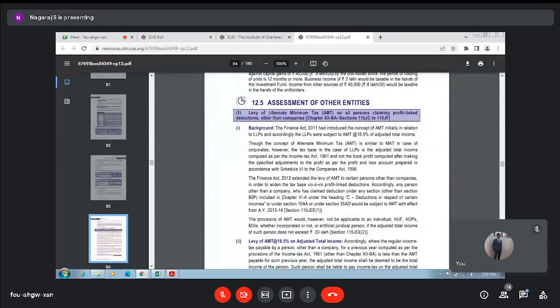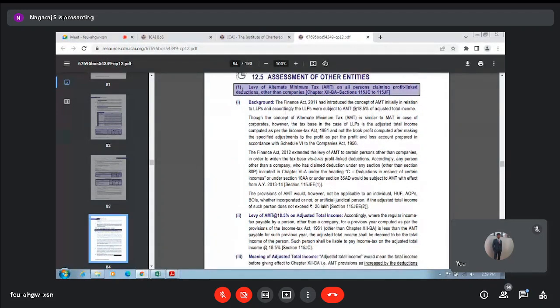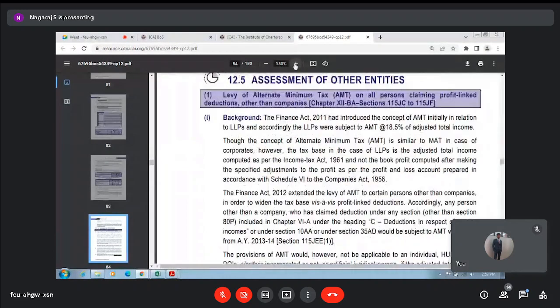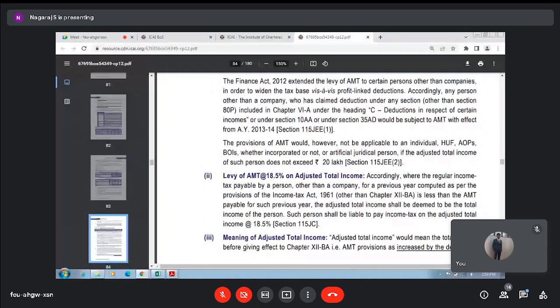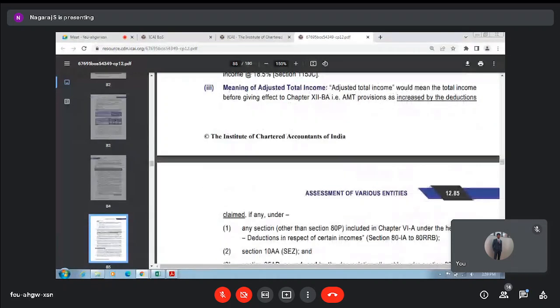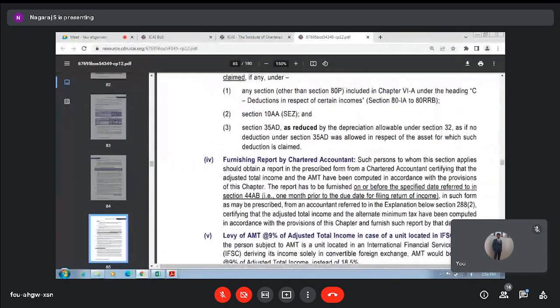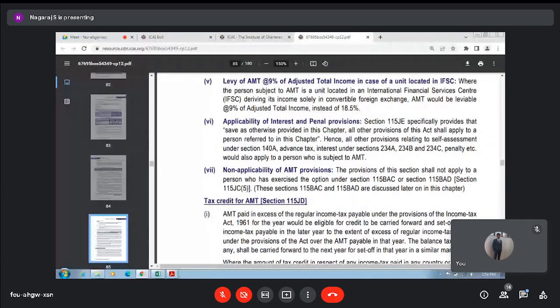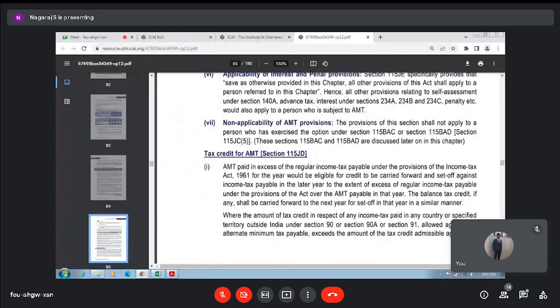AMT levy, okay, it's here. If you guys can see, can you guys see? Yes, sir. 18%. Not applicability of AMT provisions. Tax credit.